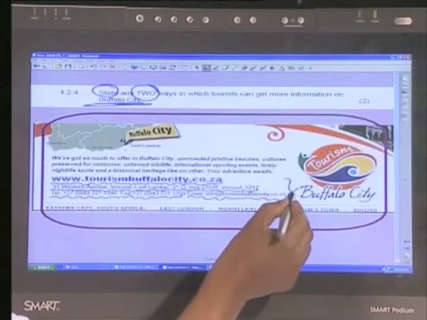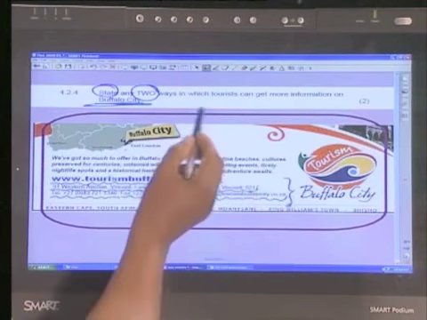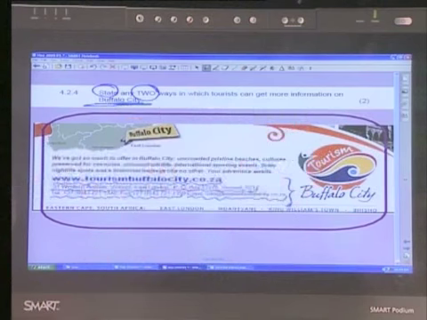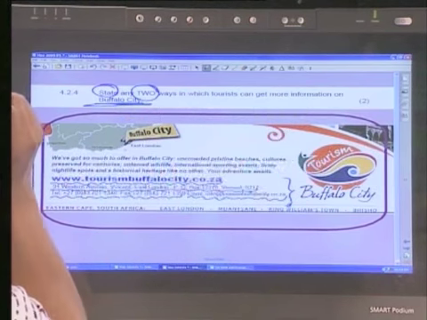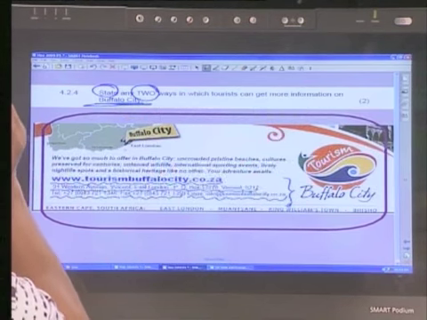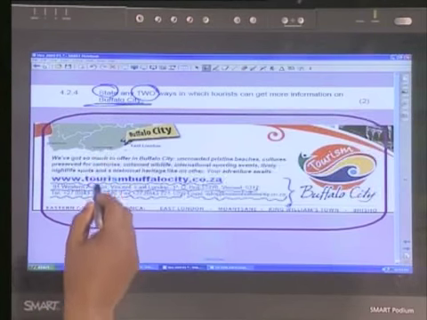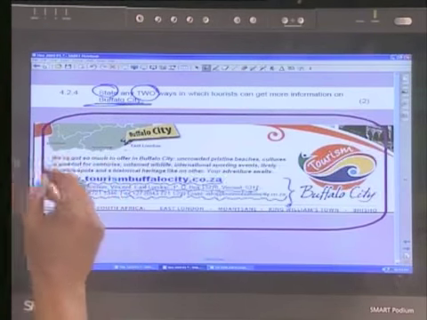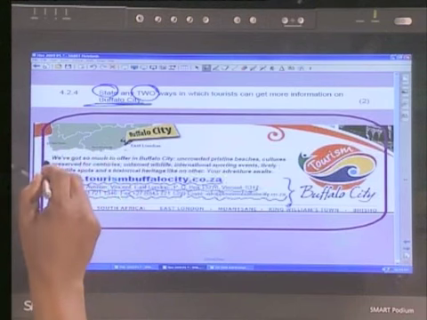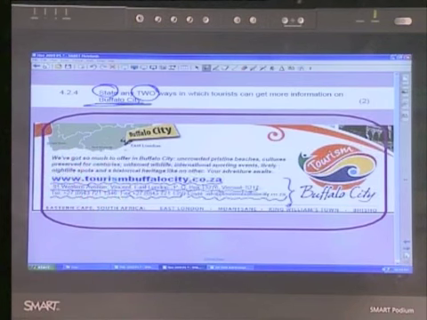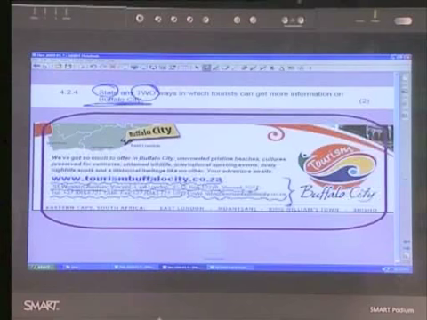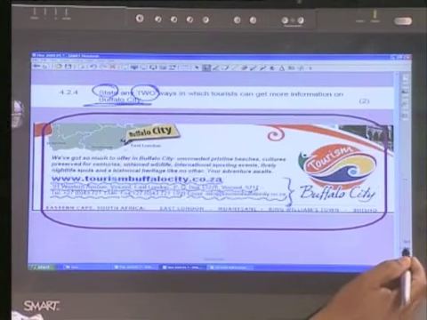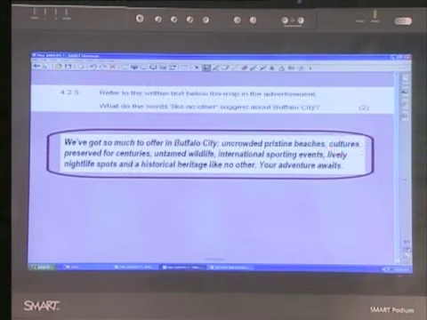So all these are means that you can use to be able to get more information about Buffalo City. But the question says, state any two, because here we have more than two. So be careful. Answer the question as it is asked. Never get too excited.